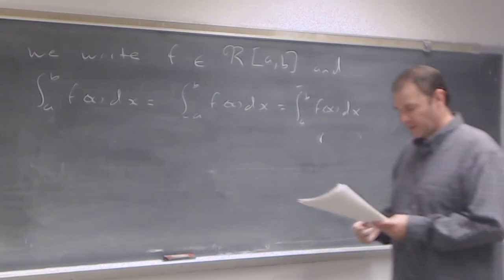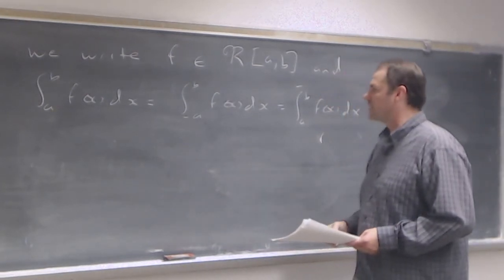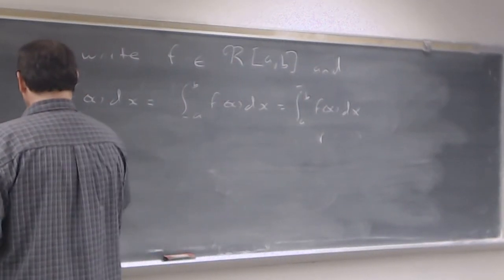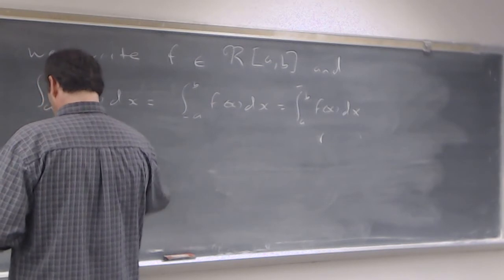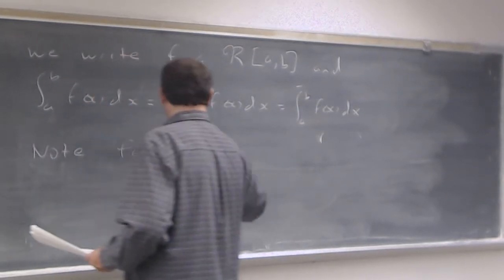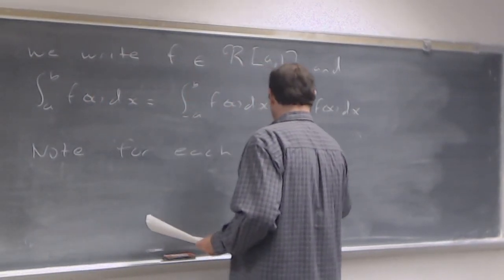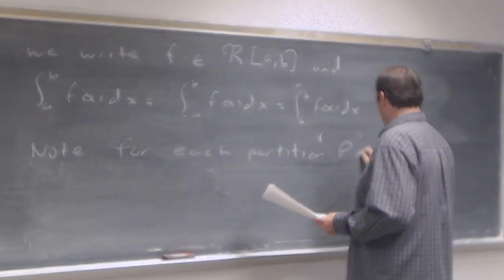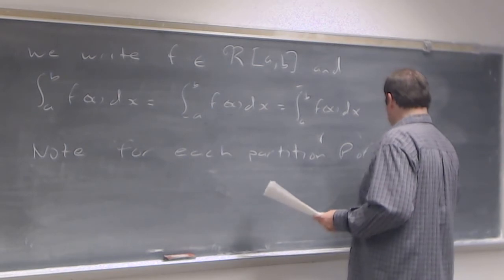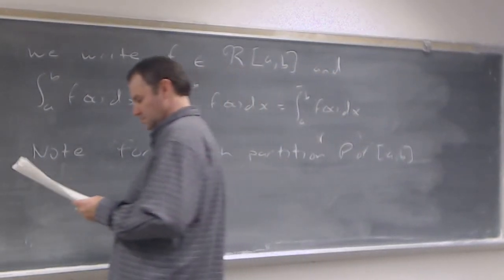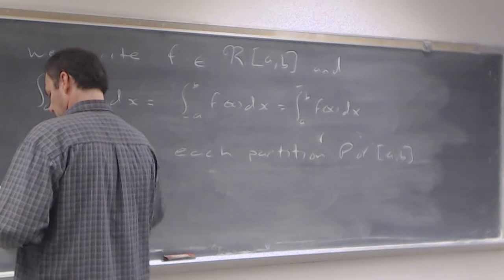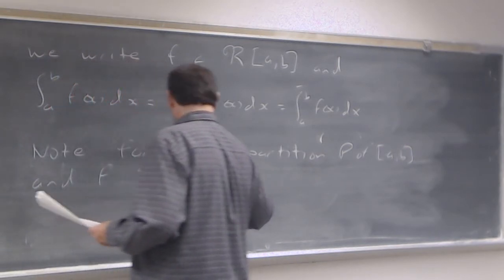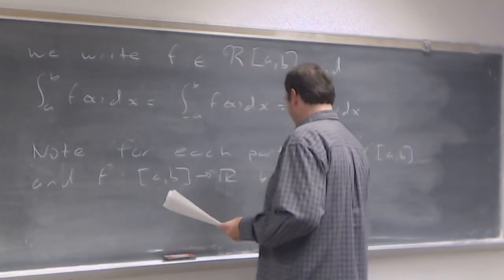Well, there are some questions here that can arise that I'd like to address. The first thing is that we should note for each partition P of A to B, and function f going from A to B into R being a bounded function.